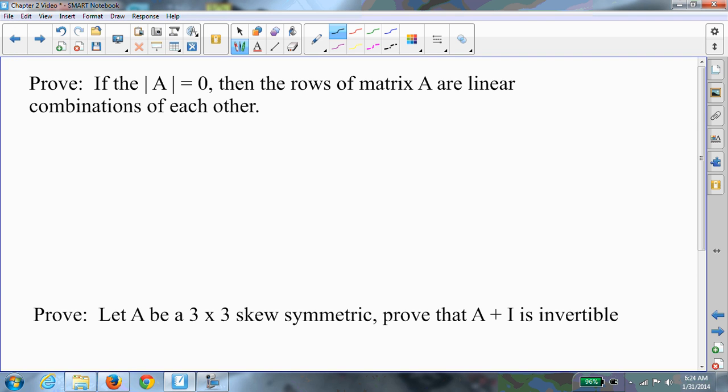So if the determinant of A equals 0, let's start there.